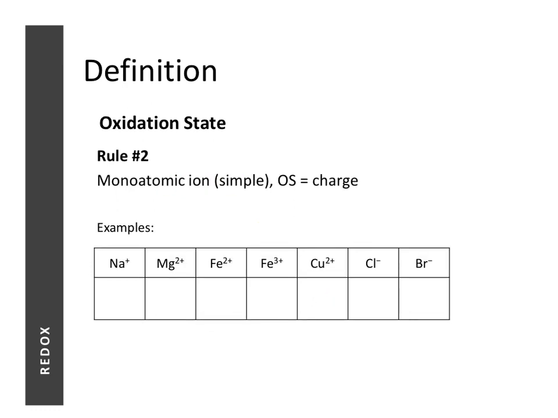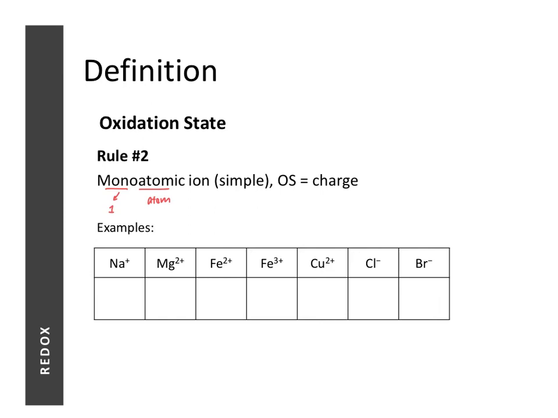Number 2, if we come across a monoatomic ion. What is monoatomic? Mono means one, atomic means atom. So for ions that are made up of only one atom, the oxidation state is equal to the charge. If we look at the examples given, all these ions are only made up of one atom.